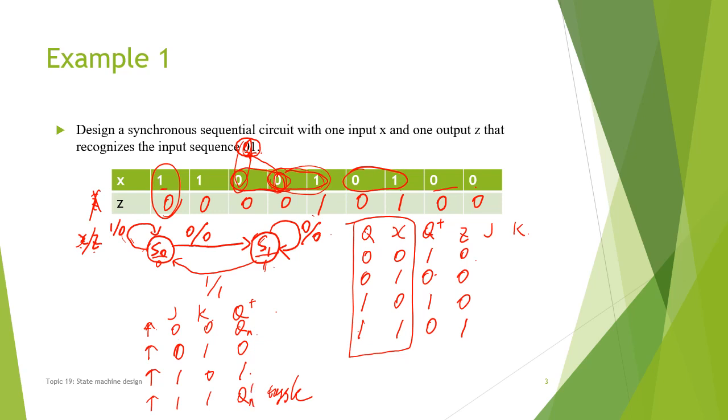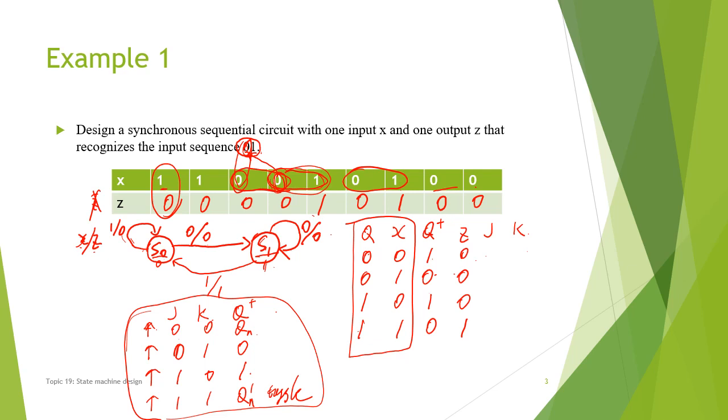If you remember, toggle means we always take Qn prime, the opposite. So how do we figure out the JK values here? Basically, we use the excitation table for the JK flip-flop and the state transition table here. So if the current state is 0, the next state is 1. What does that give you?